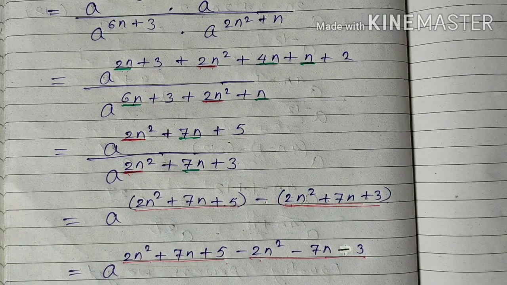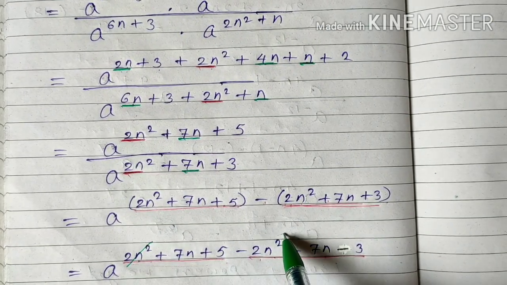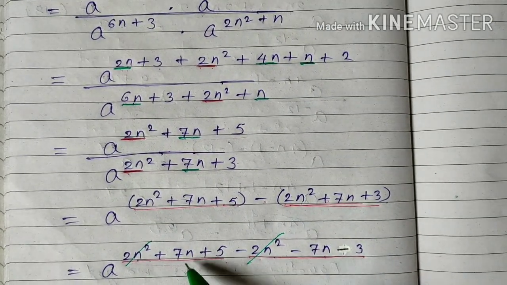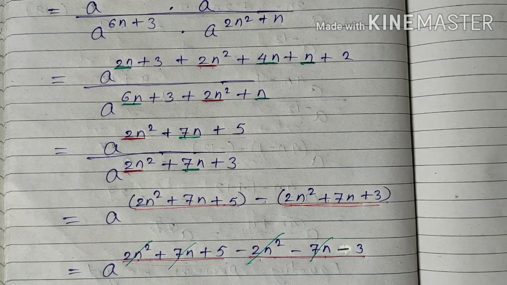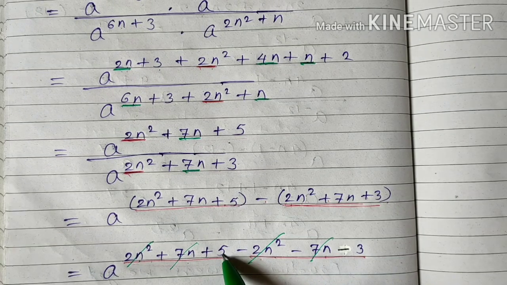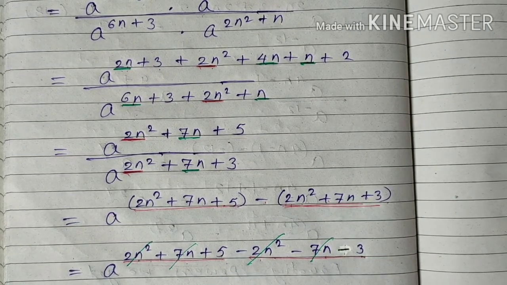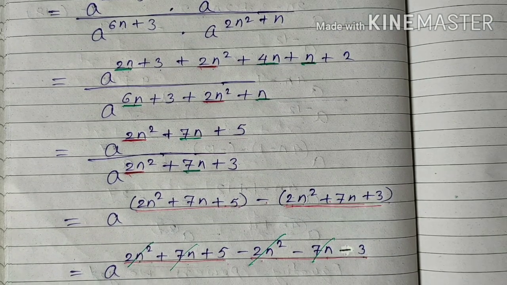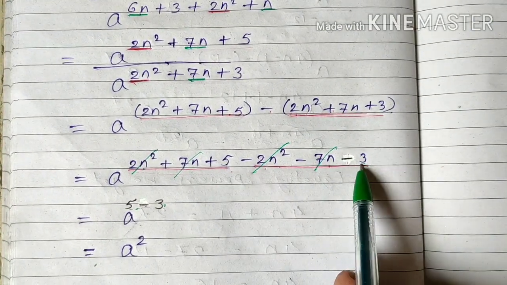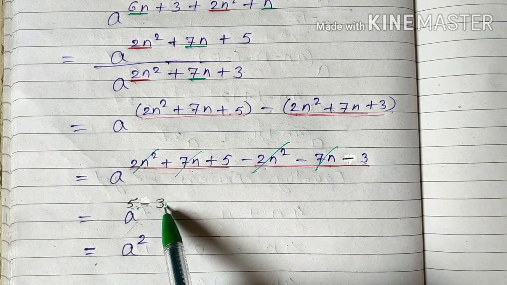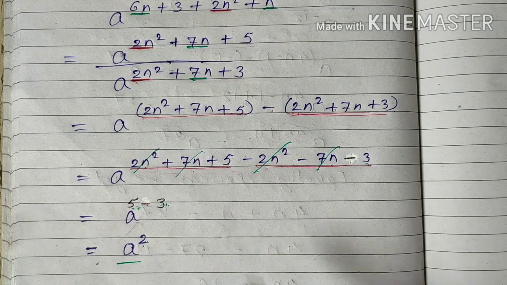Now plus 2n square minus 2n square, 0, plus 7n minus 7n, again 0. 5 minus 3 is the remaining power, which becomes 2, so a raised to 2 will be our final answer.